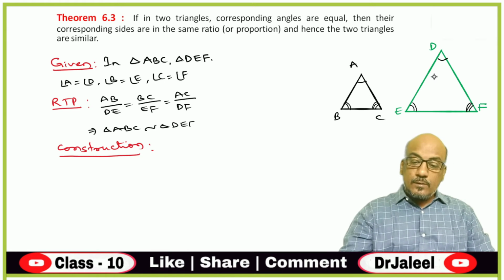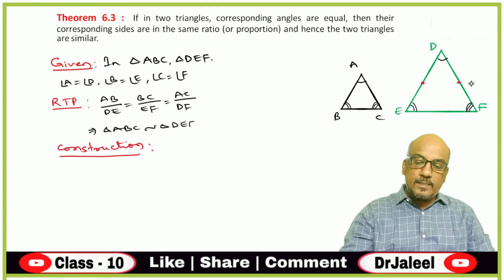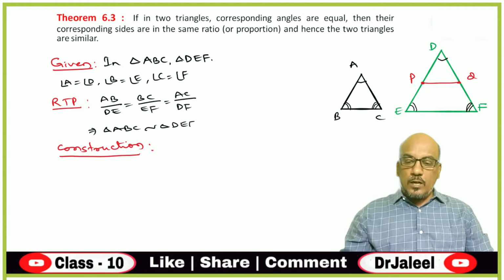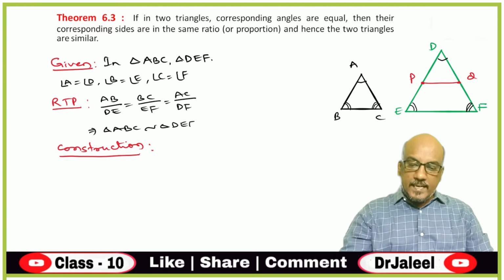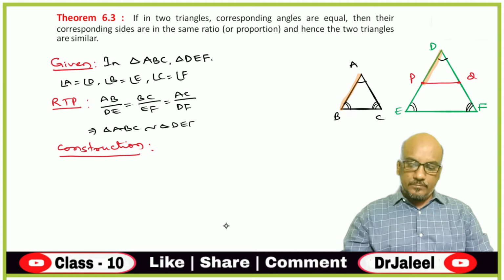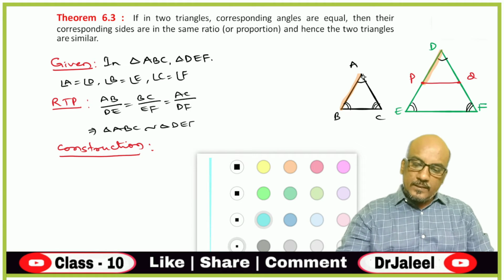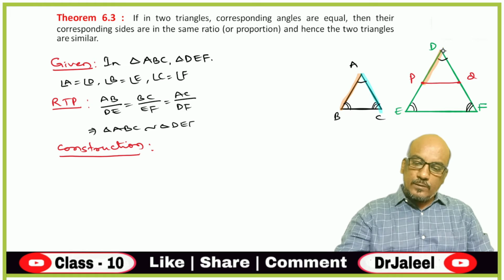So let us take two points, one on DE and the second one on DF. Let me take these two points as P and Q and join the line. So draw PQ such that AB is equal to DP and AC is equal to DQ.